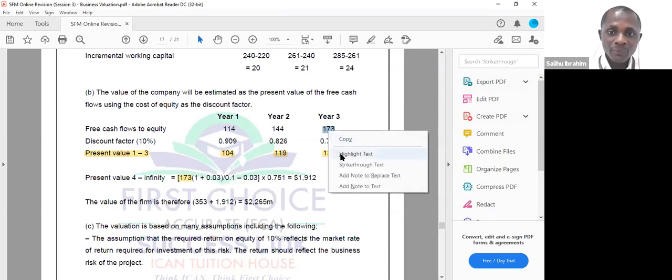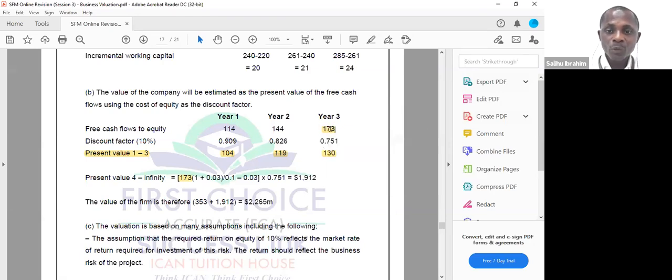So year 3 is my base year. So I have to multiply whatever result I get from here by the discount factor of the base year. Discount factor of base year is 0.751. So when you evaluate that, we have 1,912. That is the present value year 4 to infinity.